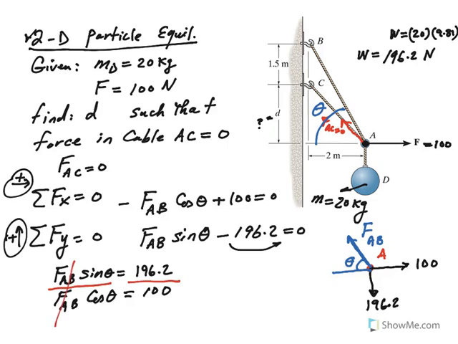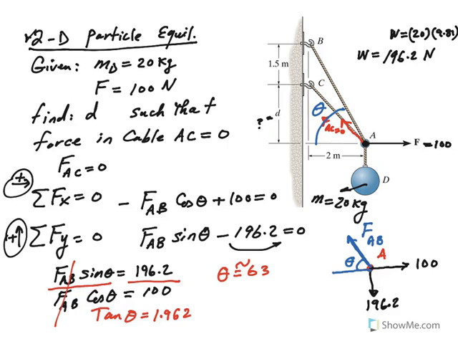You see this cancels, so we end up getting tangent theta equals 196.2 over 100, which is 1.962. If you do inverse tan, theta comes out to be about 63 degrees, 62.99 in fact.